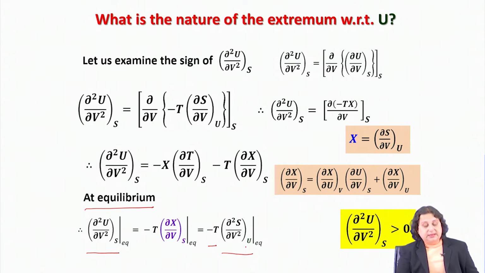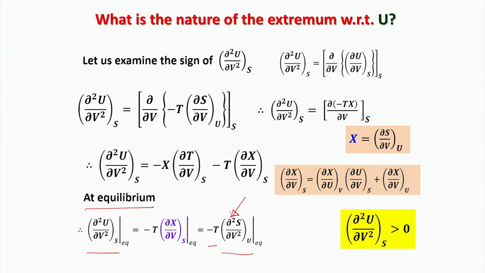You understand that this quantity, the second order partial derivative of S with respect to V, is less than 0, simply because at equilibrium S exhibits a finite maximum value, and therefore the negative sign of this term and the negative sign here combine to give the fact that del square U del V square would be greater than 0.